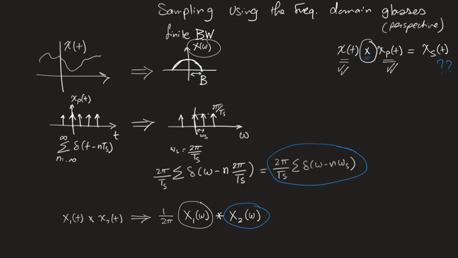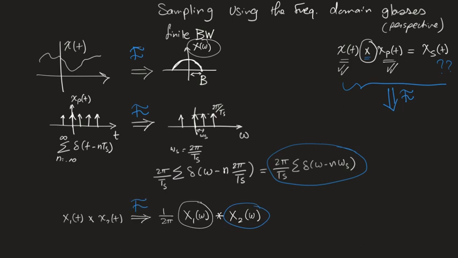Then I need to combine those two Fourier transforms using convolution, not multiplication, and the whole thing is scaled by 1 over 2 pi. So I can say that the result of this in frequency domain now, I'm going to write the same thing here. This is frequency domain, this is frequency domain, okay?